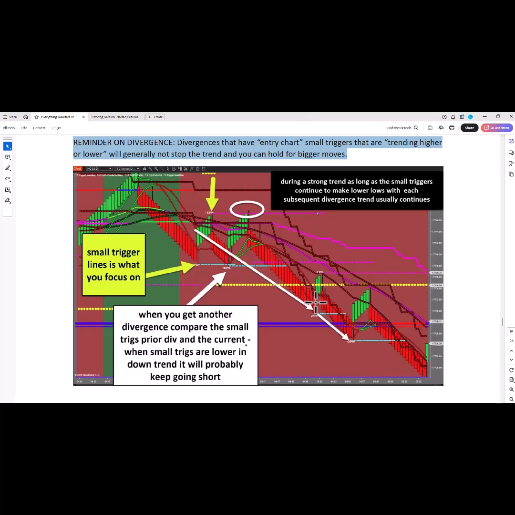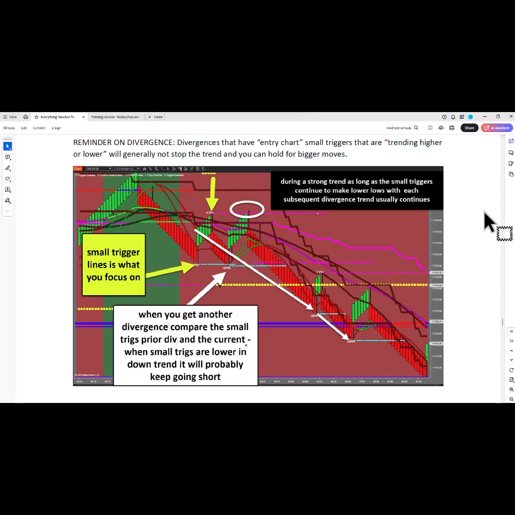It can, but it usually doesn't. So not only do we use are they crossed up or down, but also are they trending higher or lower? So one more little teeny tiny thing to peek at. Since the dawn of man and trading, higher highs and higher lows, I mean, that's pretty much universal.